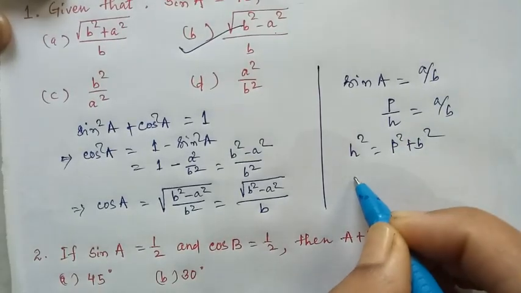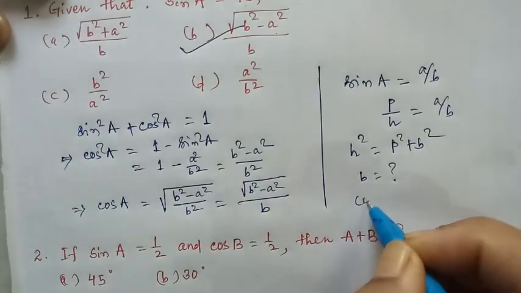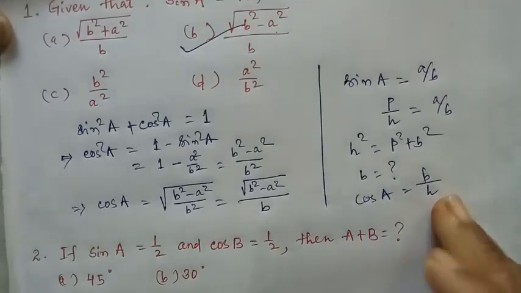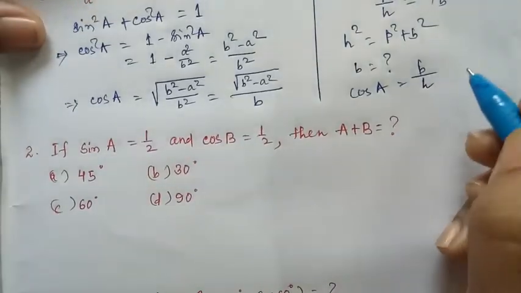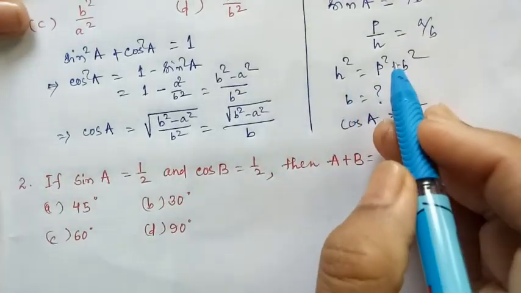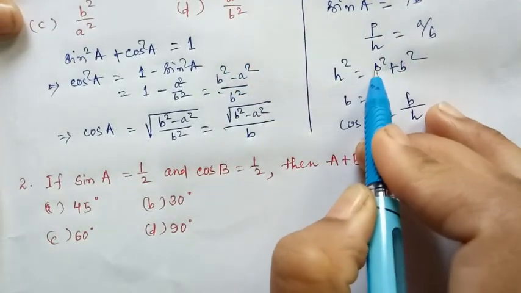From this you can calculate B. Then cos A is B upon H, and you get the same answer. Any method you can follow.